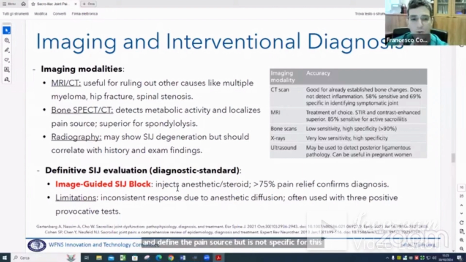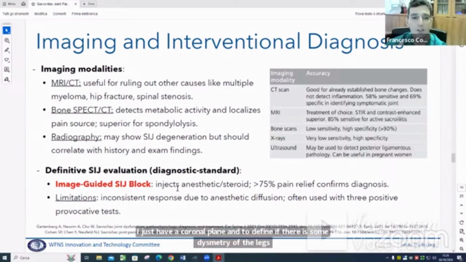Radiography usually can show degeneration of the joints, and we can also define the alignment of the pelvis. With a full X-ray, we can also check the sagittal and coronal plane and define if there is some dysmetry of the legs.